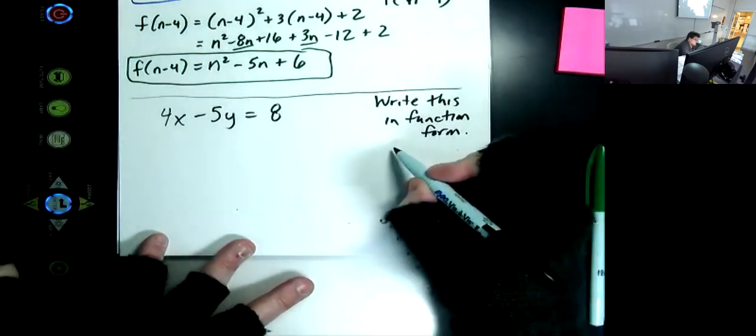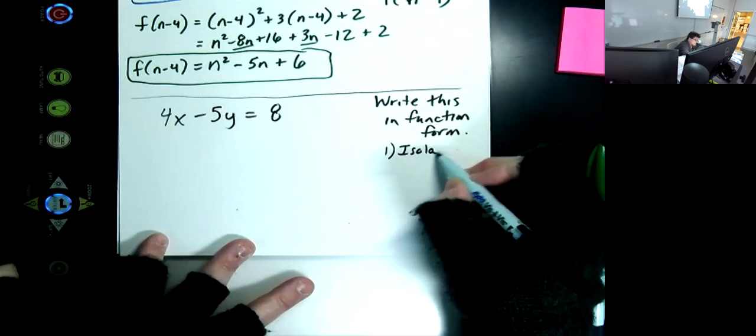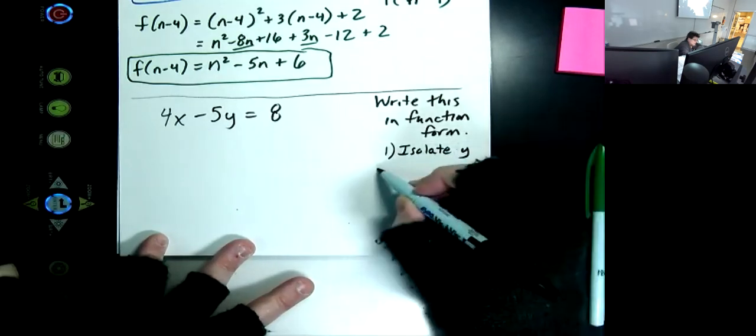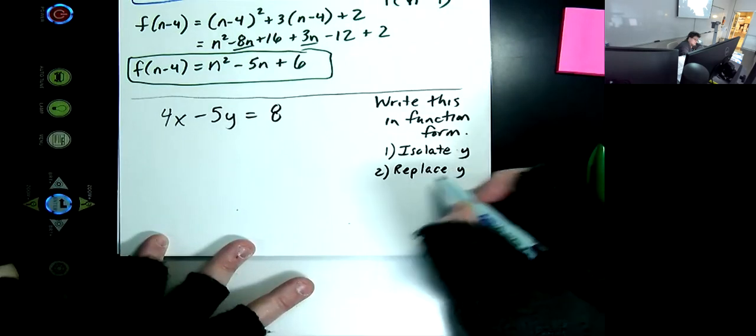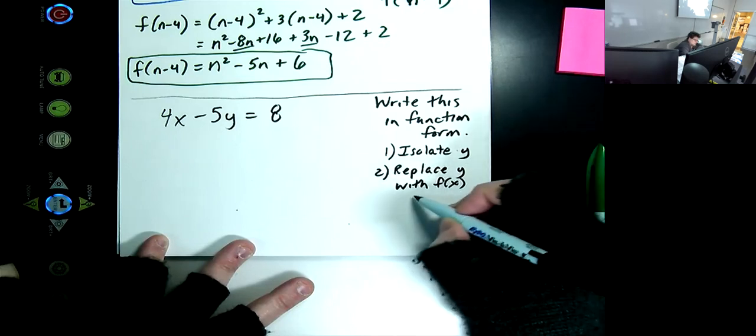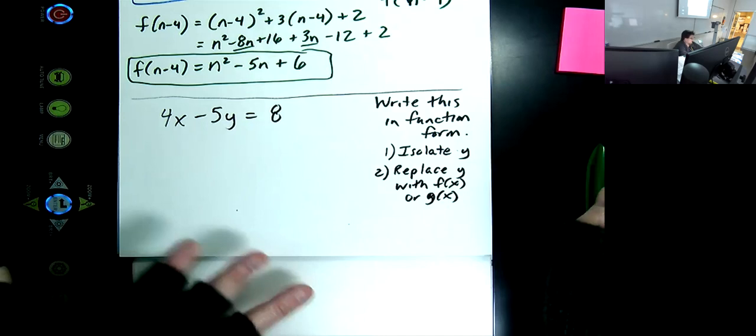This means we have to isolate y, and then replace y with f of x, or g of x, or just some function of x. We get to pick whatever letter we want.